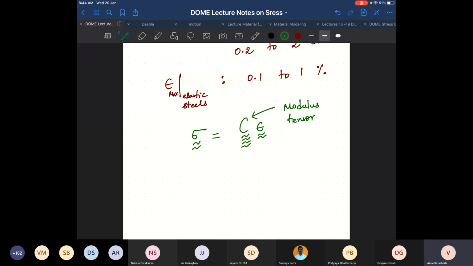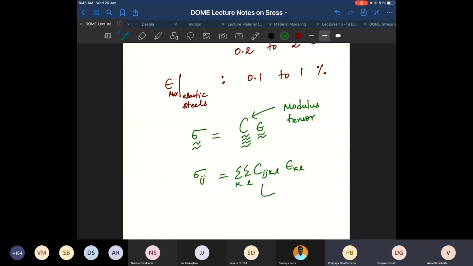Or if I want to write this in index notation, sigma ij will be Cijkl into epsilon kl, summation over k and summation over l. Now, how many constants will this modulus tensor have? Each index takes values of 1, 2, and 3. So how many?